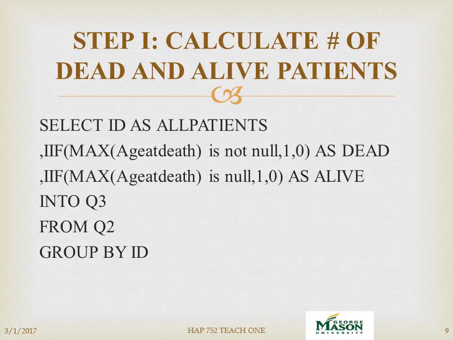If it's not null, meaning the patient is dead, we're going to give it a 1. If not, we're going to give it a 0 and name the column as dead. Same thing with the patient as alive, and we're going to put it in another table called table Q3.